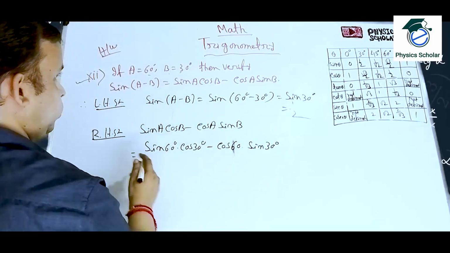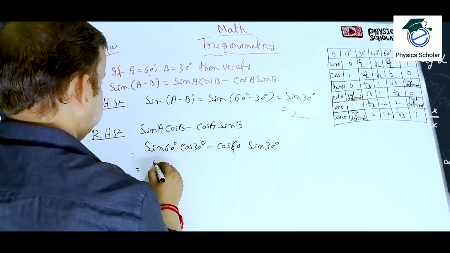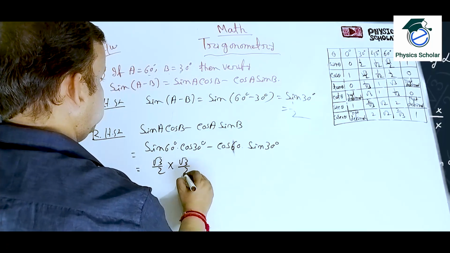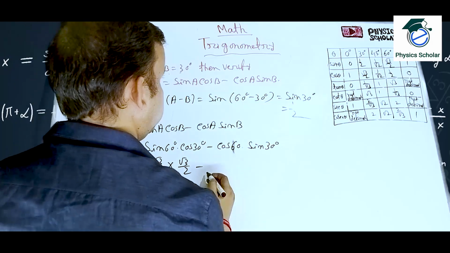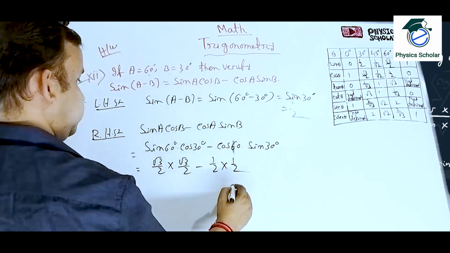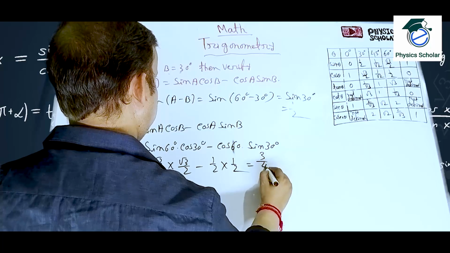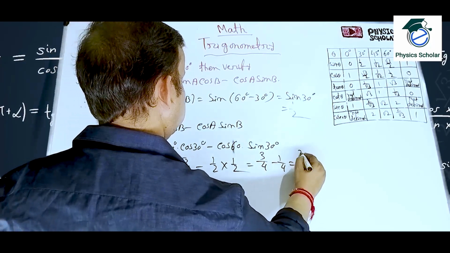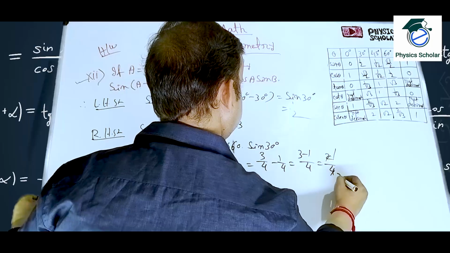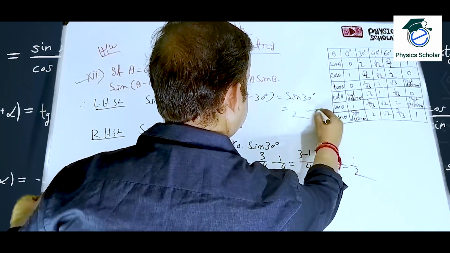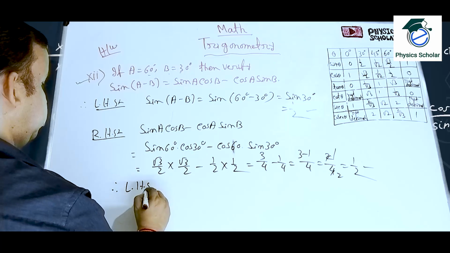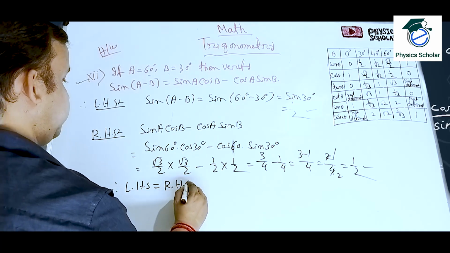Sin 60 is root 3 by 2, cos 30 is also root 3 by 2, minus cos 60, which is half, into sin 30, which is also half. So it will be 3 by 4 minus 1 by 4, so 3 minus 1 by 4, so 2 by 4, that means 1 by 2. See, in both the cases it is 1 by 2. So left hand side is equal to right hand side.